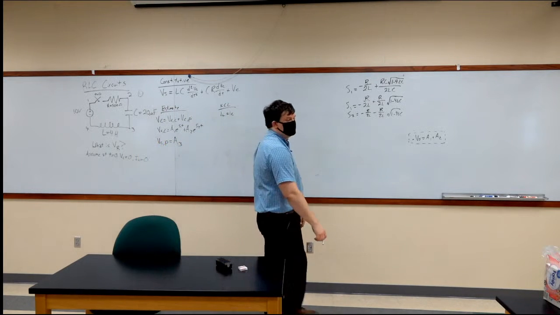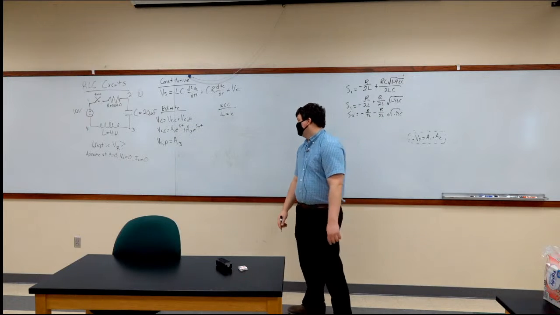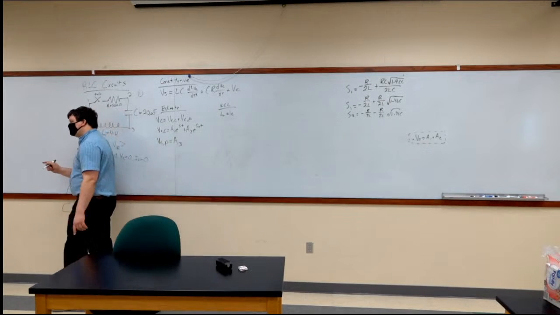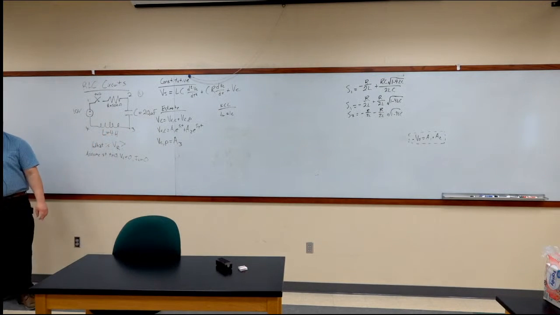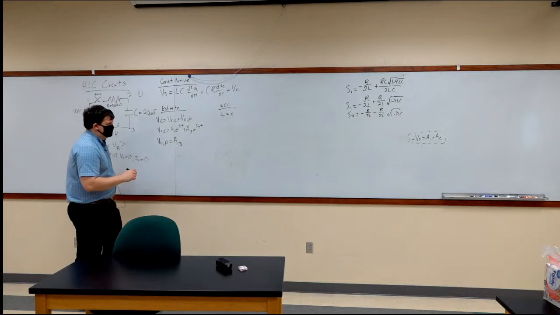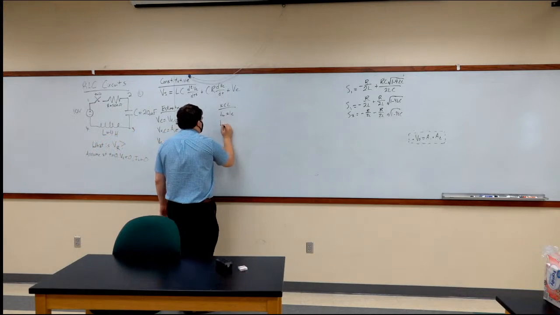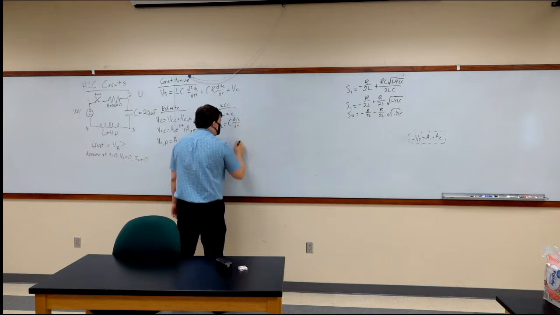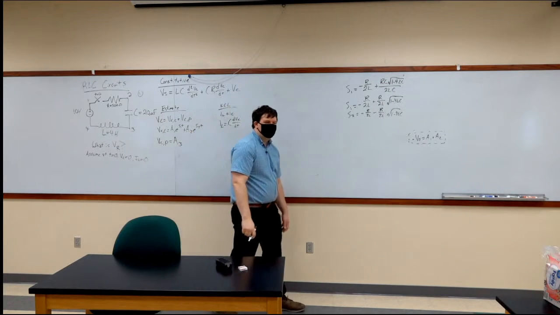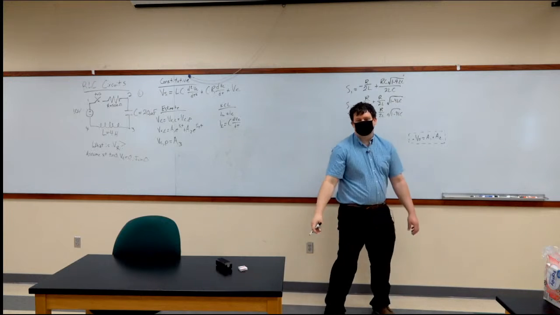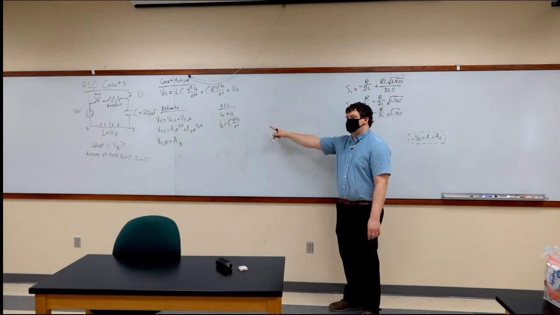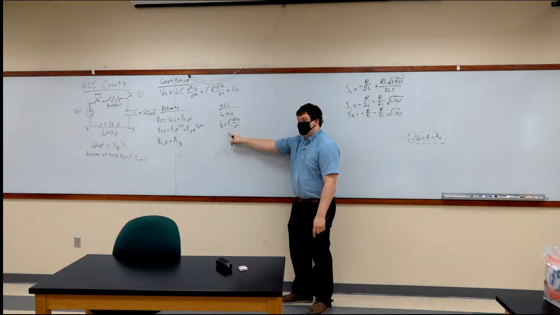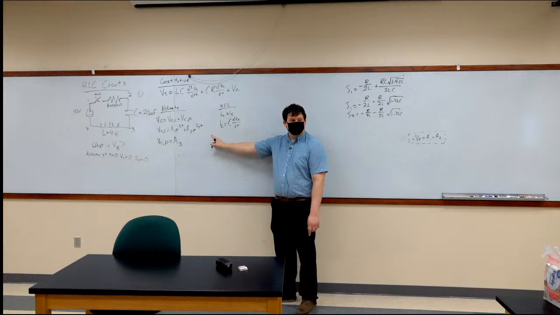That should be up at the top of your page. Since IL equals IC, and IC is equal to C dVC dt, IL is equal to C dVC dt. Now we solved for VC. If we take the derivative of VC with respect to time and multiply it by C, we'll get IL.